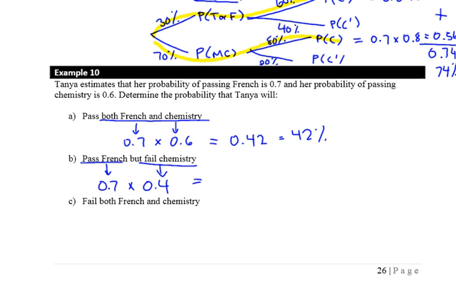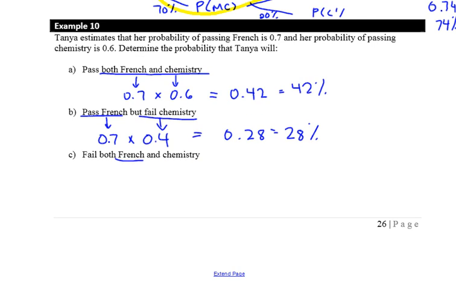So 7 times 4 is 28. 28%. Okay, fail both French and chemistry. What's the probability of failing French? 30 times 40% failing chemistry, so 12% chance, all right?